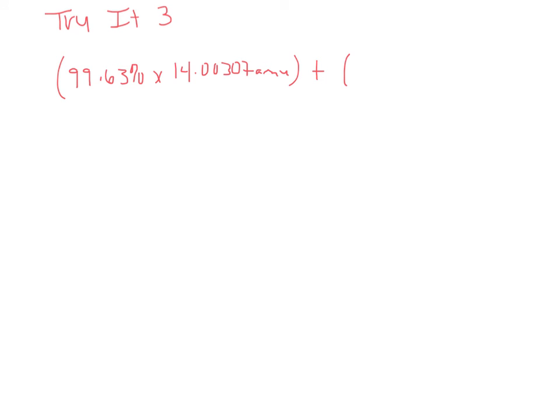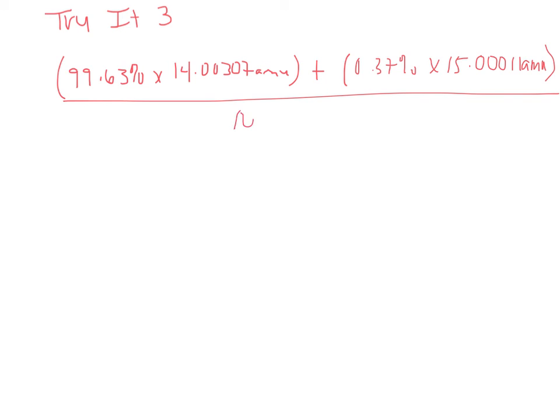Just like example number 1, I'm going to take my 99.63% and leave it as a percent. And that means I can also take my 0.37% and leave it as a percent. And I'm going to multiply each one by the mass of the isotope that they are associated with. And then I'm going to divide the whole thing by 100.